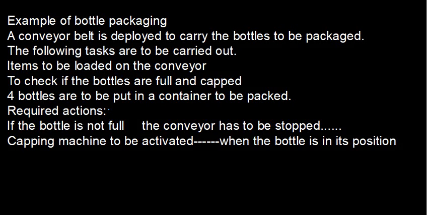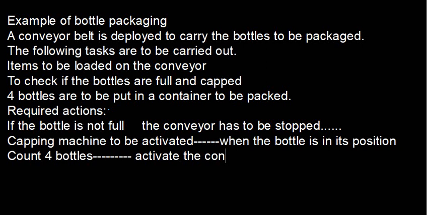Then the third task here is that you require to count 4 bottles. Once the 4 bottles are counted, you know what exactly has to happen there: activate the container.